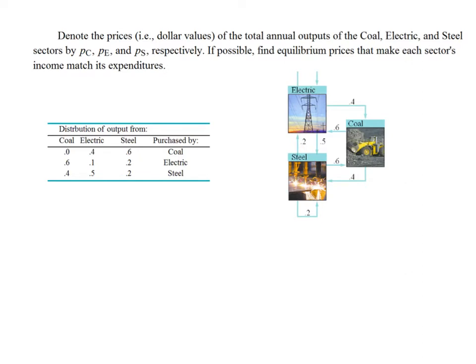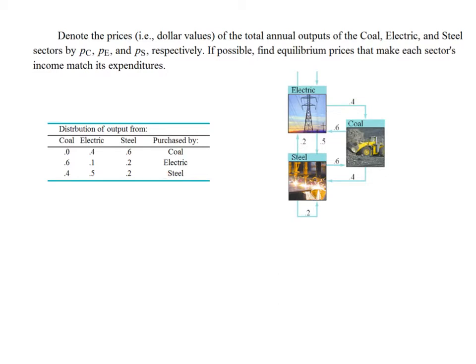Okay, so the way that we lay out this information is we have coal: the distribution of output from coal purchased by coal is apparently 0. Coal does not purchase any of its own coal. But in our little economy, 60% of the distribution of coal is purchased by electric, 40% is purchased by steel.